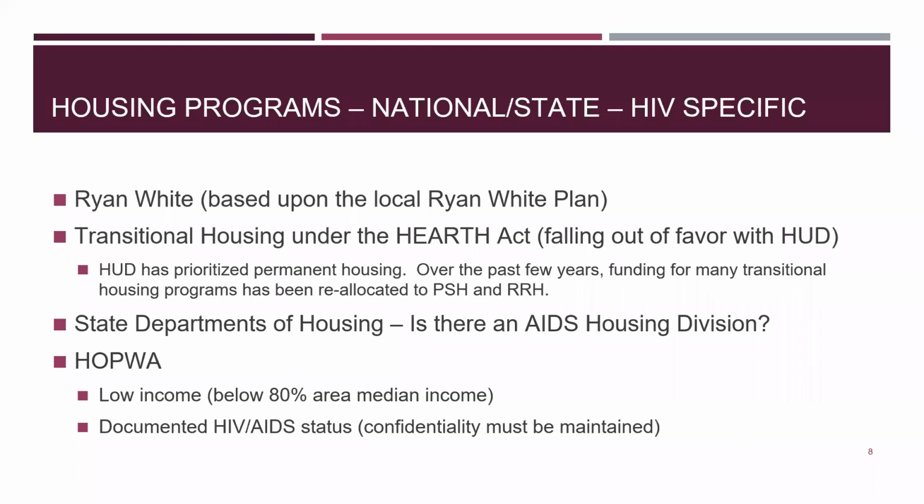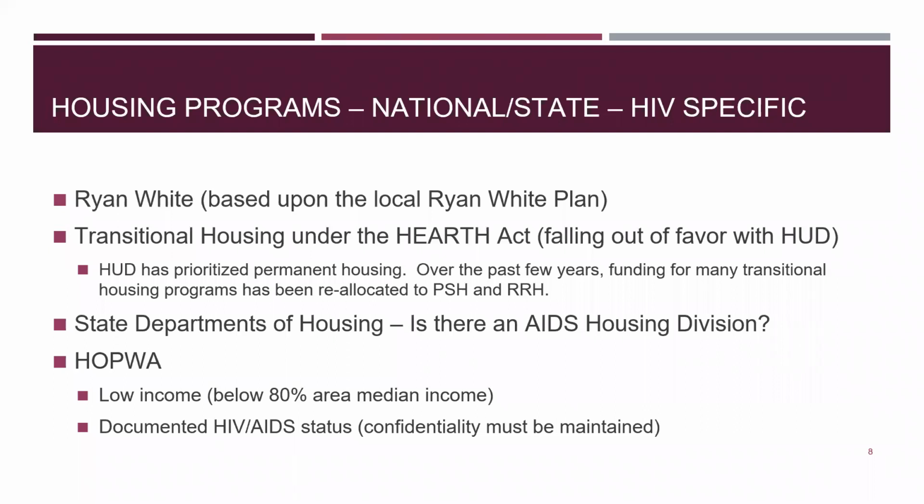There's also some transitional housing under the HEARTH Act, and under HOPWA, there's some transitional housing, and under Ryan White. But transitional housing, when it comes to ending homelessness, has somewhat fallen out of favor with HUD, and a lot of the organizations who have done transitional housing through HUD.